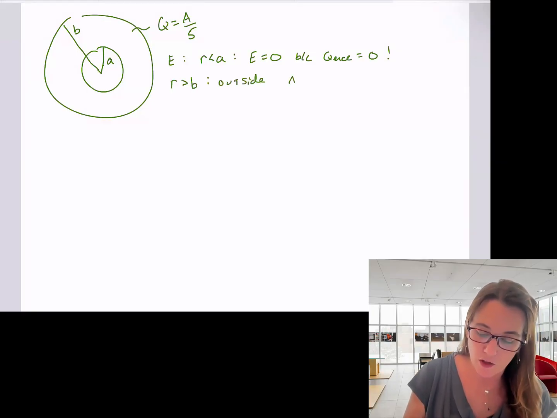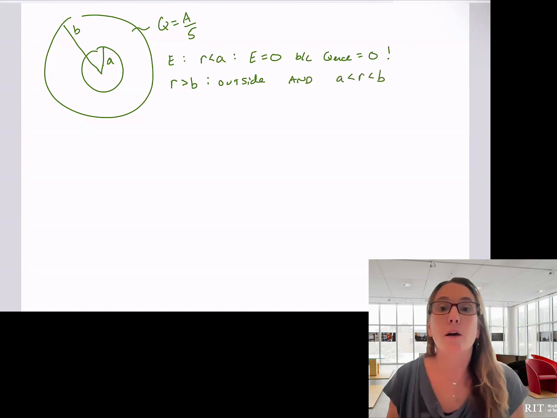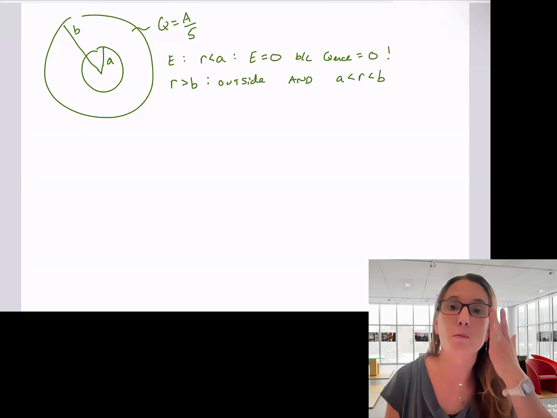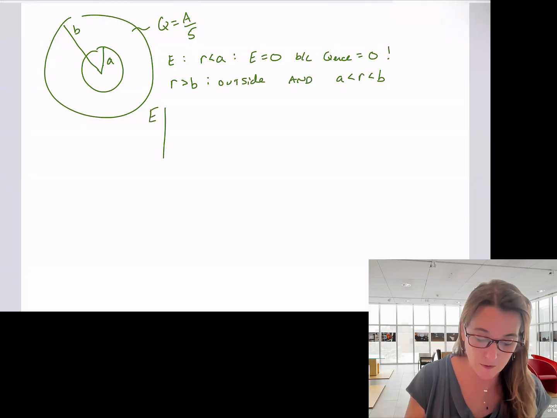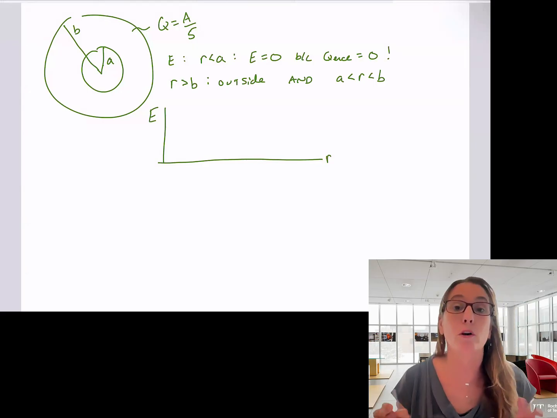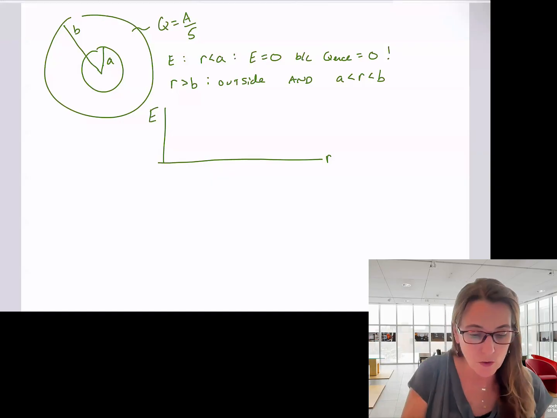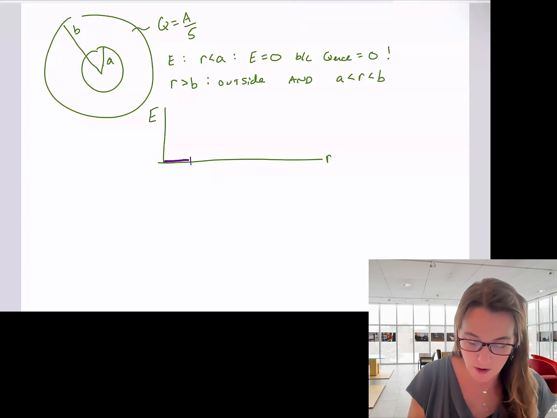And we can look for the electric field in between, because if there's a solution, there's very likely going to be two solutions. That's because if we look at the electric field as a function of R, even just knowing some basics about the charge distribution, we know that inside the hollow area, it's going to be 0.